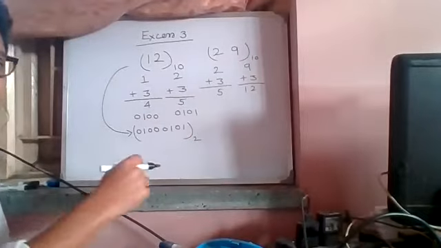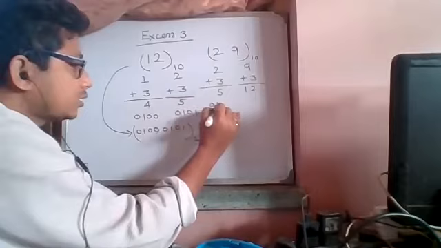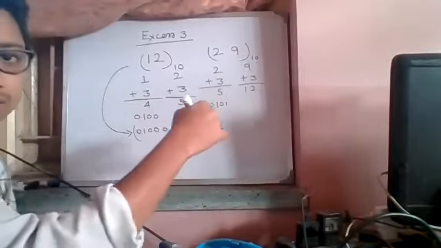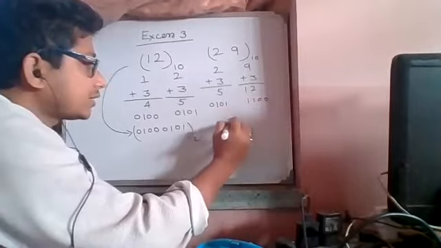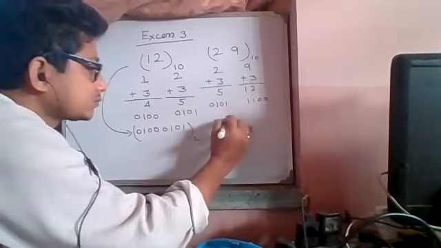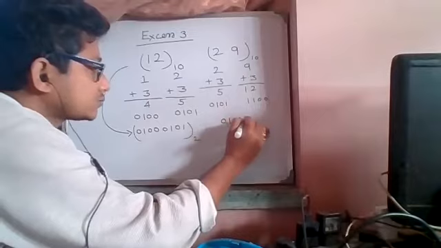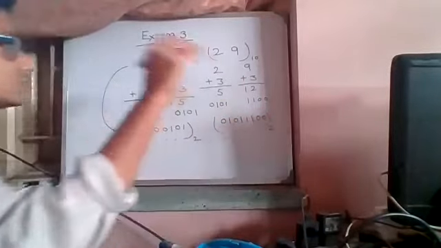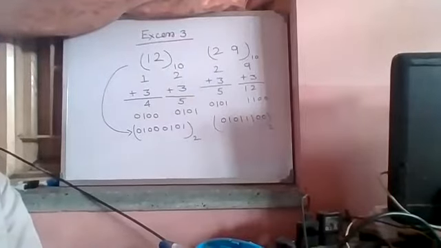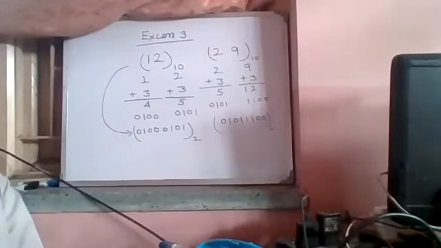Now convert 5 to binary, that is again 0101. Convert 12 to binary, that is 1100. Now you will write it like that: 01011100. So that will become 29's equivalent XS3 code.